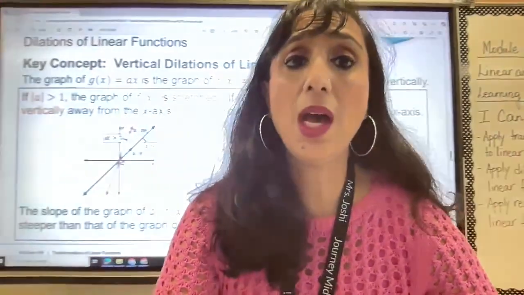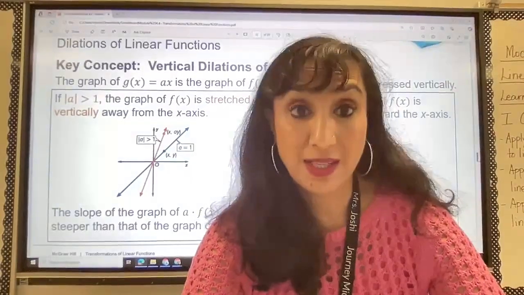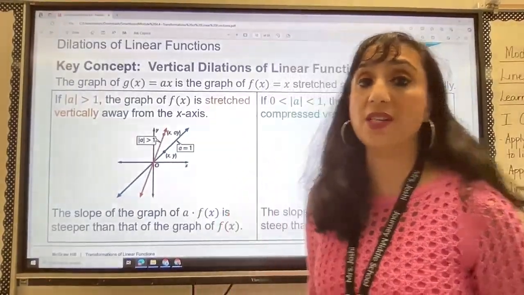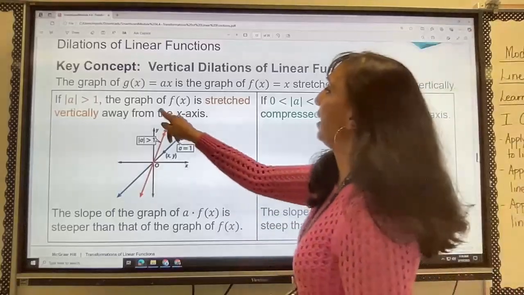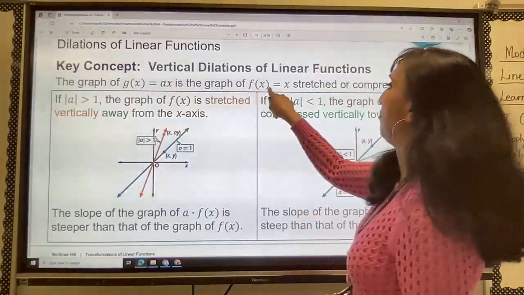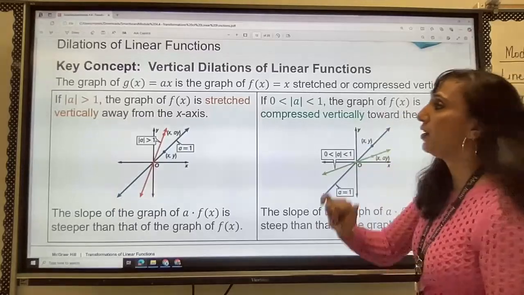So let's look at some of the vertical dilations and what that means. Dilations of linear functions: the graph of g of x is equal to a times x is the graph of f of x equal to x stretched or compressed vertically.